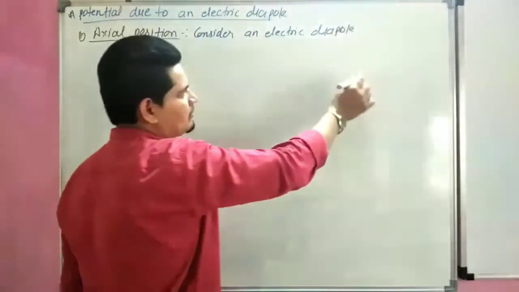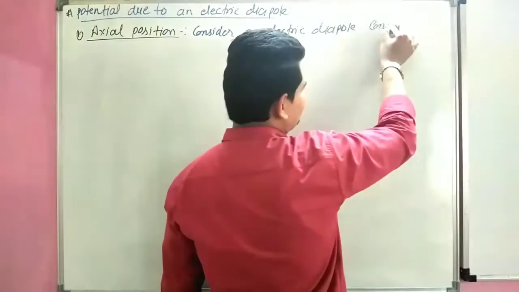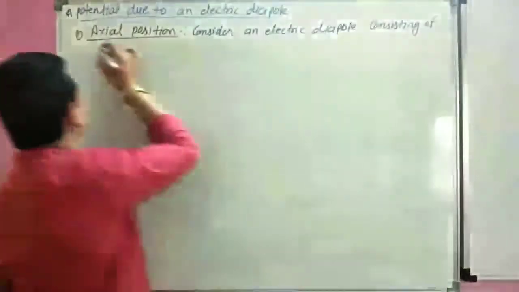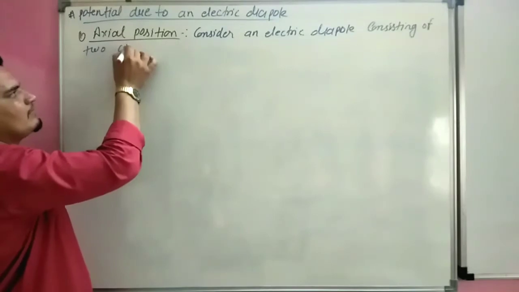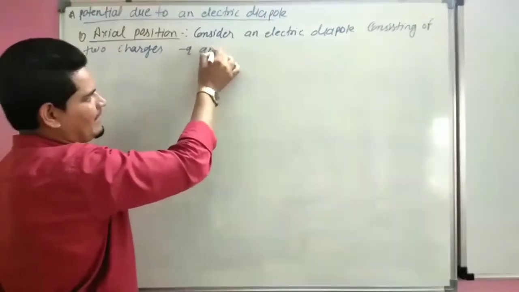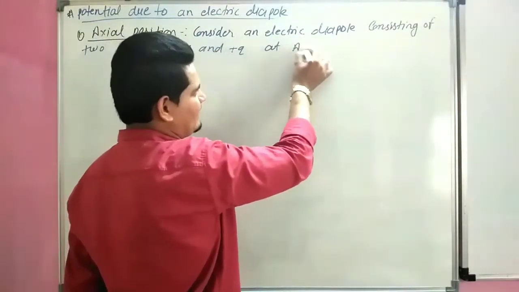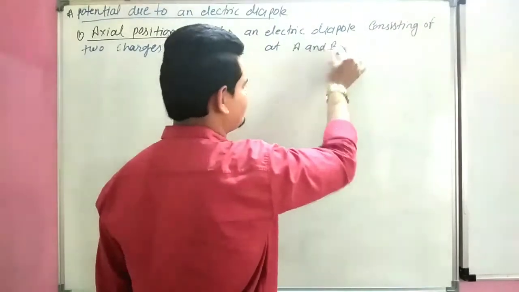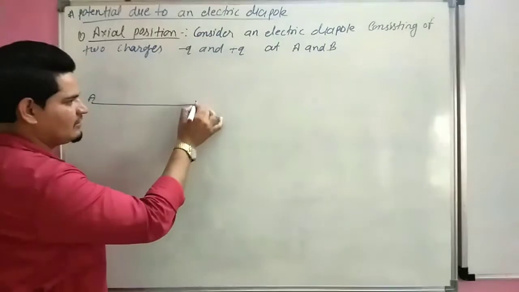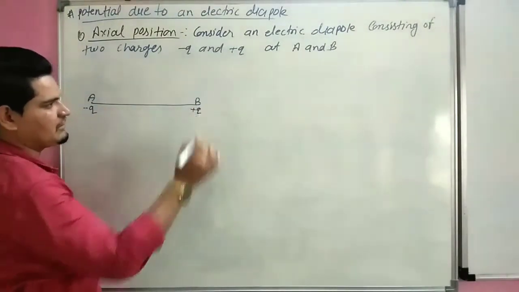Consider an electric dipole consisting of two charges, minus q and plus q, at A and B. This is point A, this is point B, this is the minus q charge, this is our plus q charge.